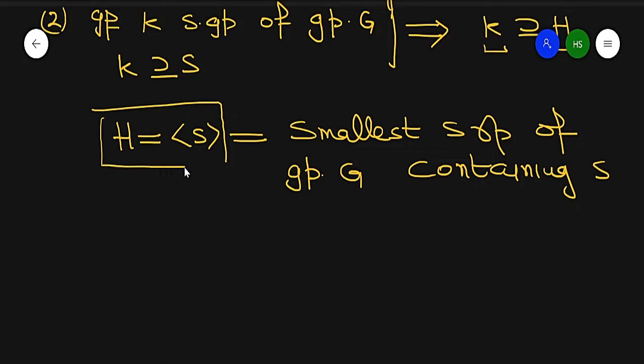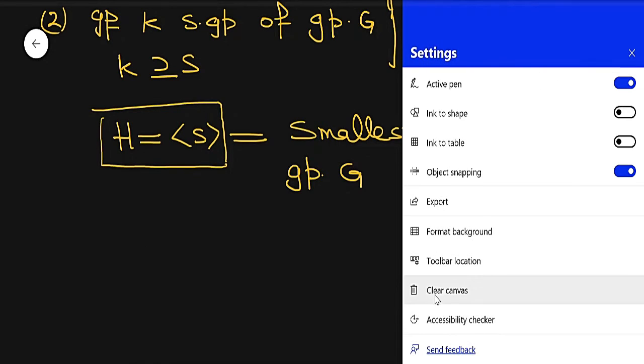H generated by S means it is the smallest subgroup of G containing S. So remember that.